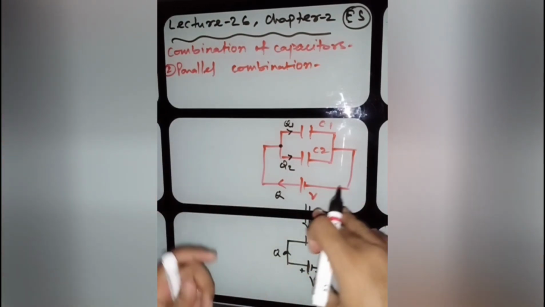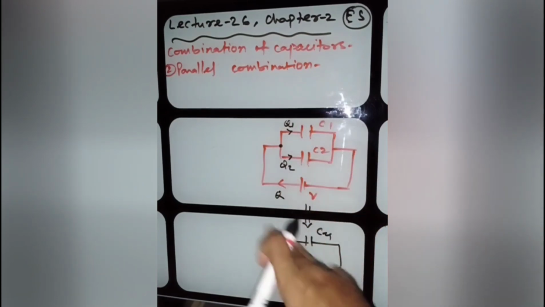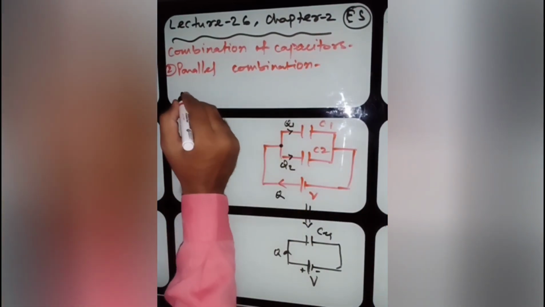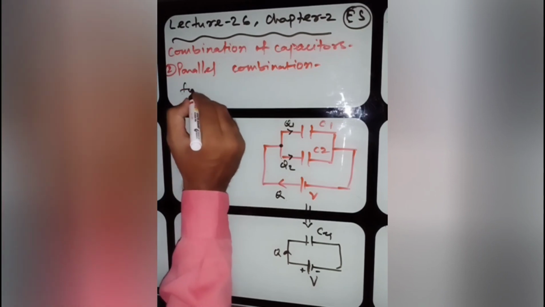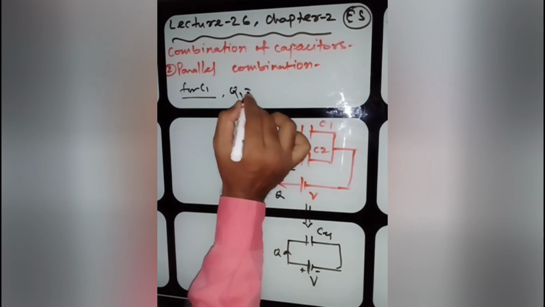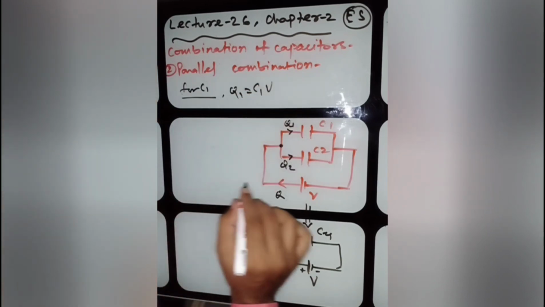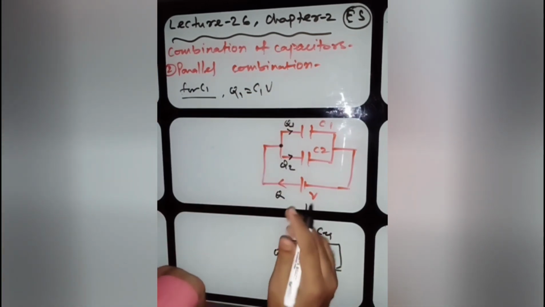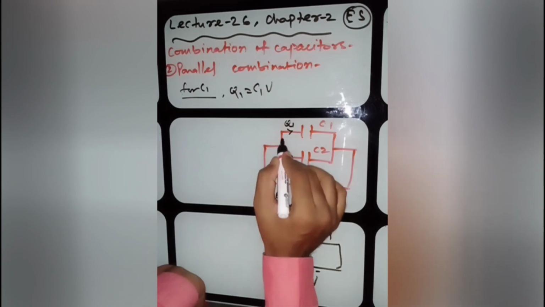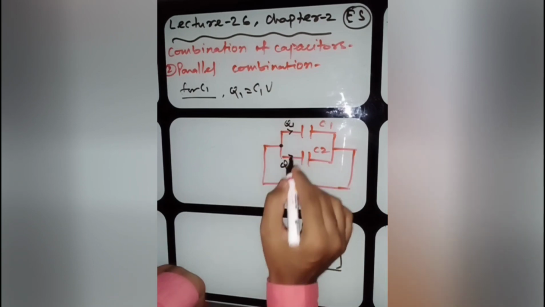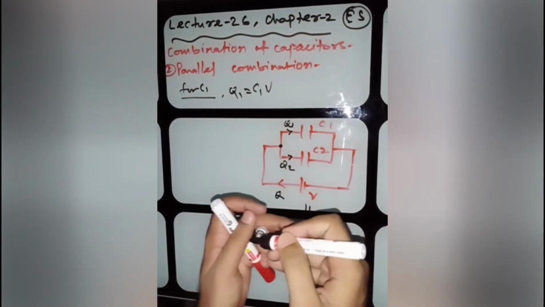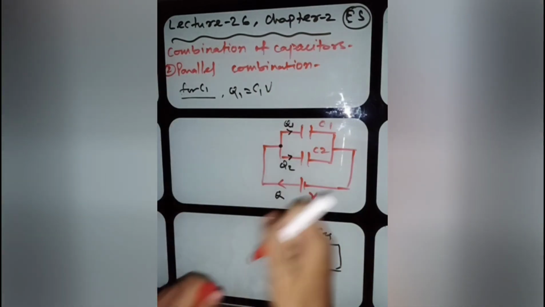Since we have derived this already, I'm not writing in much detail, but you can write directly for C1 and C2. For C1 it is Q1 equals C1V. What is constant over here? Charge is distributed, but look at the terminals of this capacitor carefully, it is important.